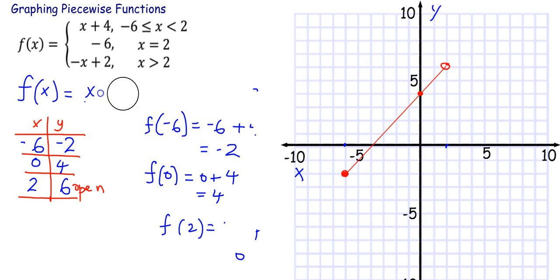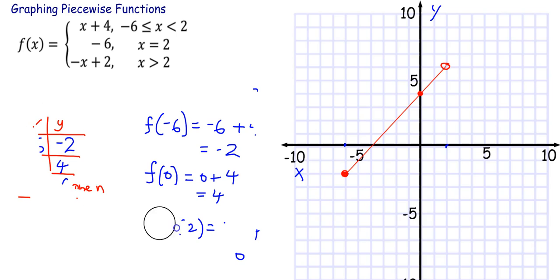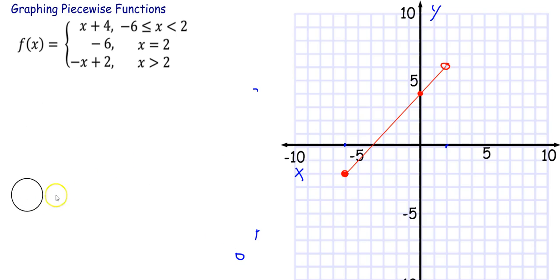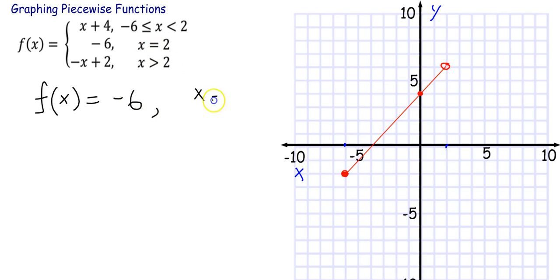The second piece is you have f of x equal to -6. That is, f of x is equal to -6 if and only if x is equal to 2. This is the only option, that is f of 2.